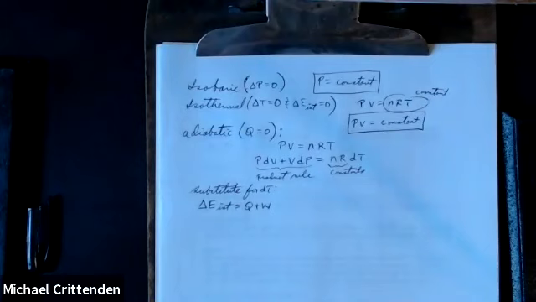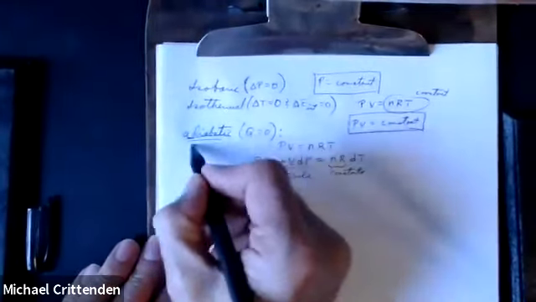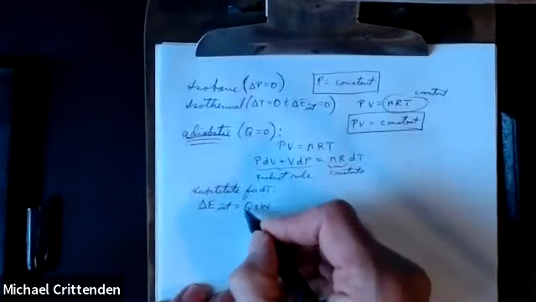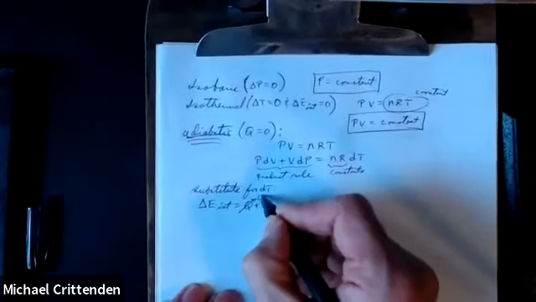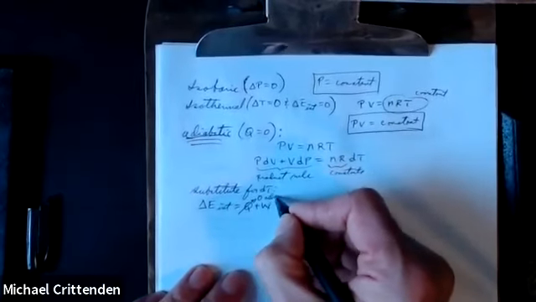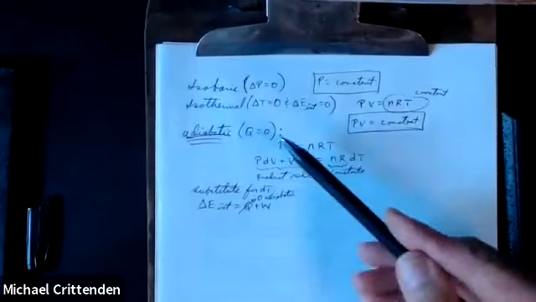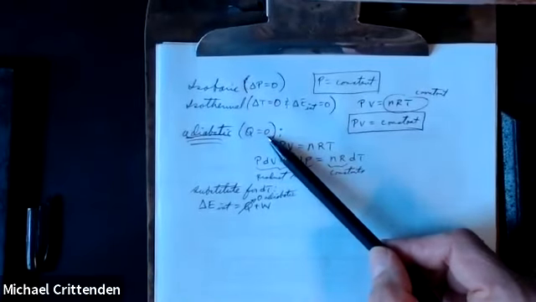We'll get that from the first law, which in general says that delta E equals Q plus W, but we're considering an adiabatic process. The word adiabatic means Q equals 0.